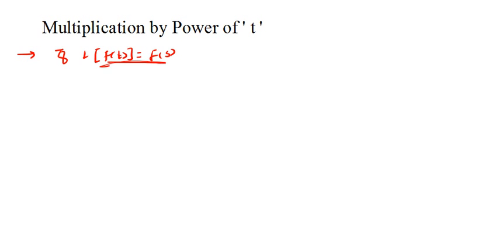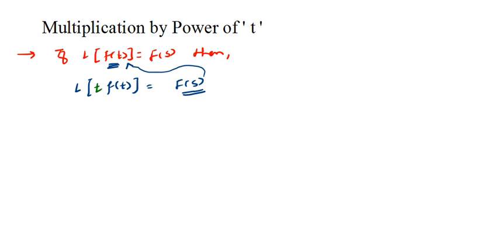It means Laplace transform of f of t is F of s, and then if you multiply this f of t by some t, t to the power 1, then what will happen to the RHS? To this F of s. What is this F of s? This F of s is L of f of t. So to this F of s, you just need to take its derivative with respect to s. Hope it is clear.